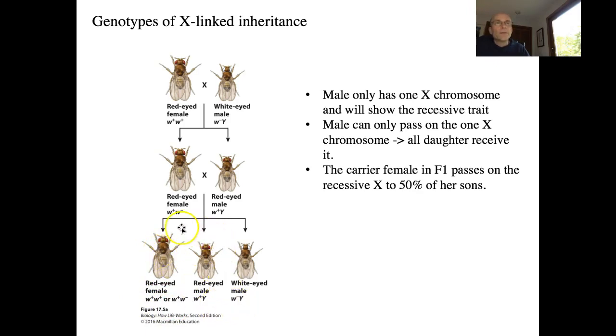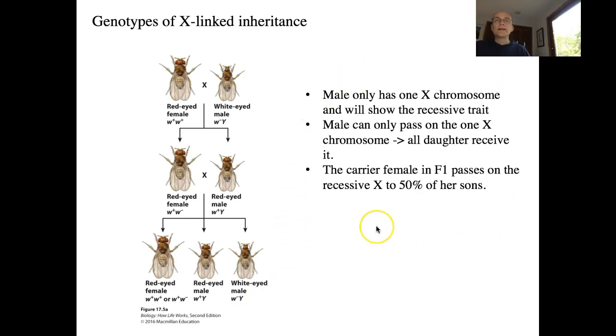For the males, the possibility is the W plus and the Y, so that will be a red-eyed male, or the W minus, which comes from the mother, and the Y chromosome, which comes from the father, of course. So the W minus and the Y will then create the same genotype as the grandfather, which was white-eyed, and so this male grandson will also be white-eyed.